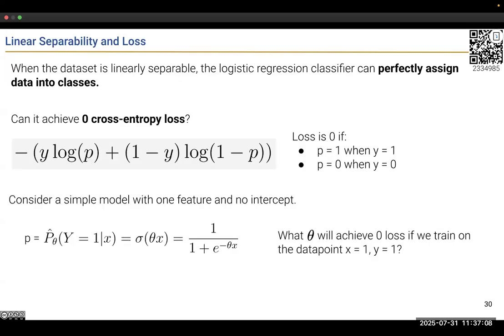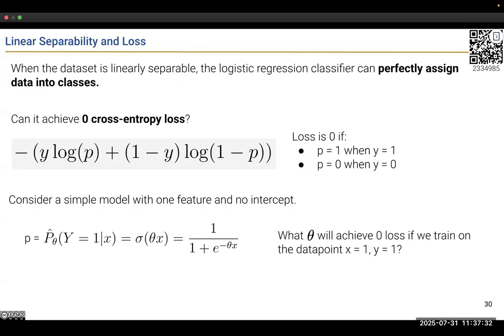Okay, so here's a question. Say we just fit a simple model with one feature and no intercept, so there's theta times x. If we fit the logistic regression model like this, what is the theta that will give you 0 loss? Say we train on a data point where x is 1, y is 1, so data point (1, 1).